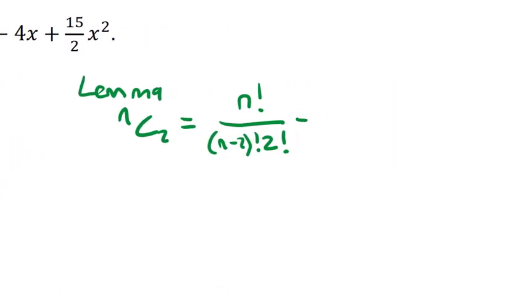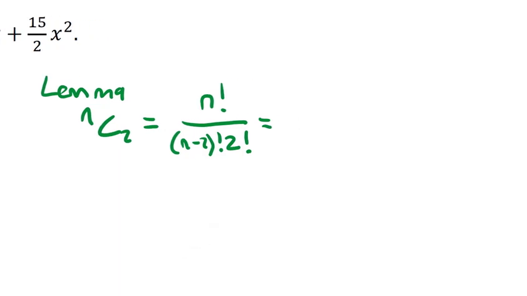Well, again, much like the one I did earlier, n factorial means n times the next one down, times the next one down, times the next one down, etc., all the way to 1. But have a look at this.